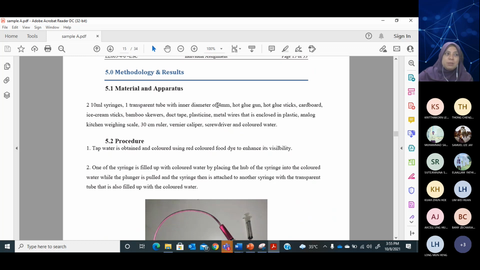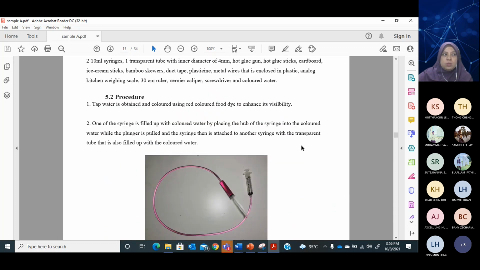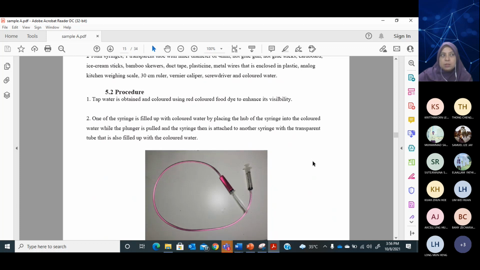Okay, material and apparatus. Why is it not in figures, right? Figures are better, no need for a paragraph like this. How to read the material? Procedure. Tap water is obtained and colored using red food dye to enhance its visibility.